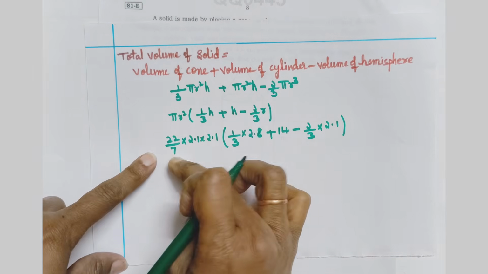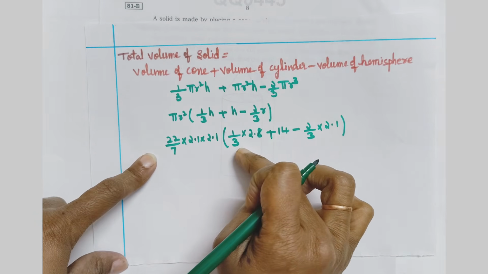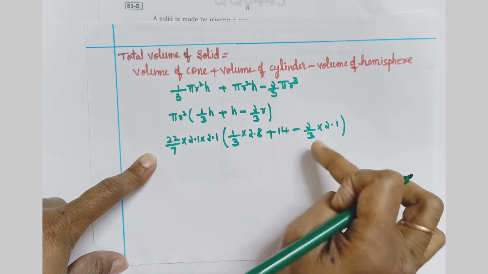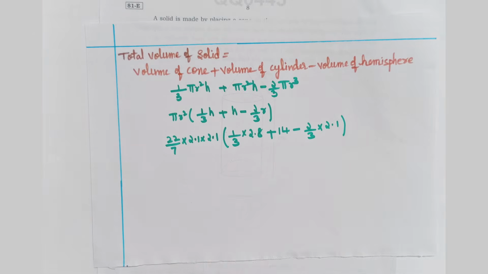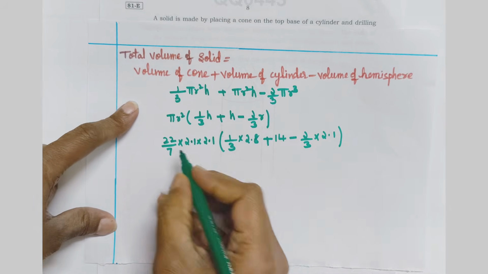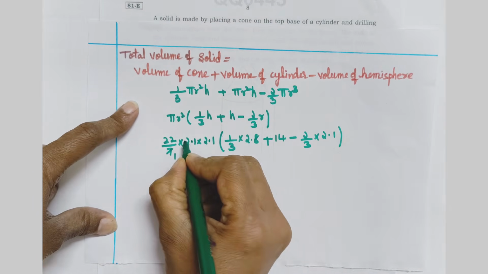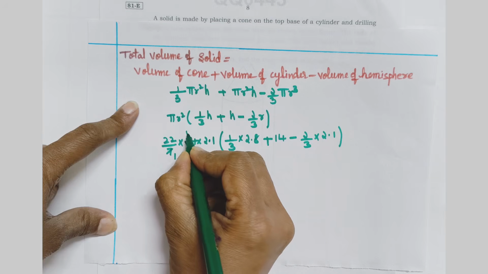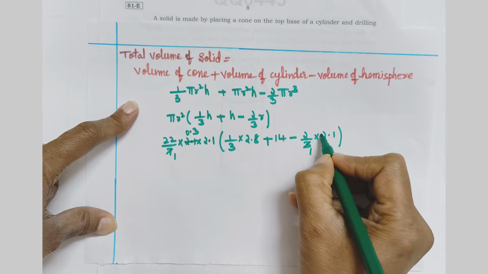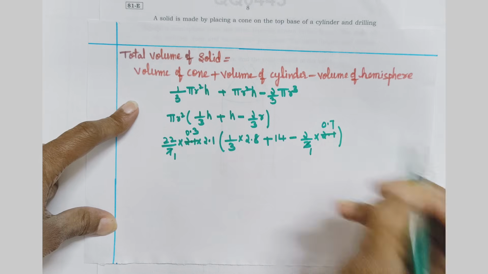See here once again. Pi value, radius 2 times, 1 by 3, height of the cone is 2.8. This is the cylinder height 14. 2 by 3 radius 2.1. This one we will simplify. Now see here, are there any cancel chances? 7 ones are 7, 7 threes are 21, 0.3. Here 3 ones are 3, 3 sevens are 21, so here 0.7.